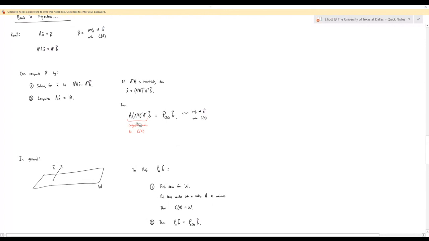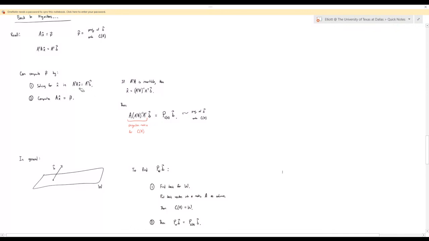And so this might be nice to do, especially if A transpose A ends up being something small like a 2 by 2. But in the event that A transpose A was 3 by 3 or larger, you maybe don't want to find its inverse. So you do always have the option of just solving this equation via elimination instead of using the inverse.